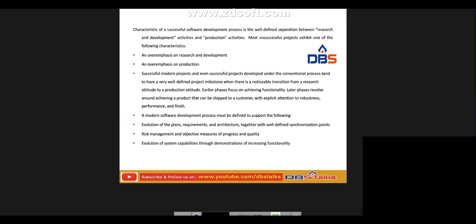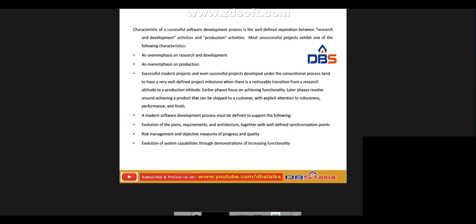a modern software development process must be defined to support the following. The first one is the evolution of the plans, requirements and architecture, together with well-defined synchronization points, risk management and objective measures of progress and quality, and evaluation of system capabilities through the demonstration of increasing functionality.